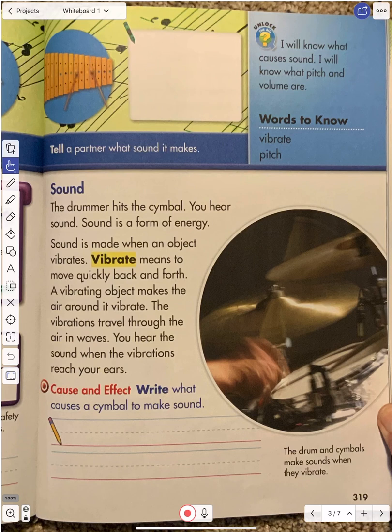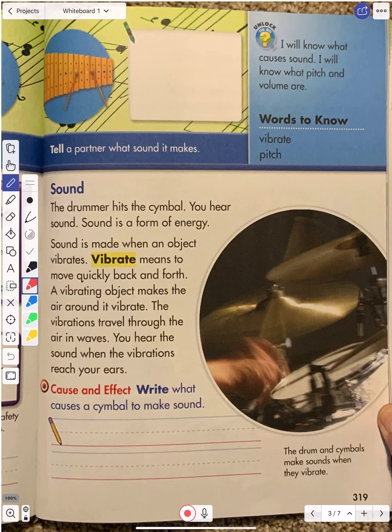Now the cause and effect. Write what causes a cymbal to make sounds. If I look on the page and I look at the caption under the picture, I think the answer is right there for me. You can go ahead and write yours in before I do. Pause the video.